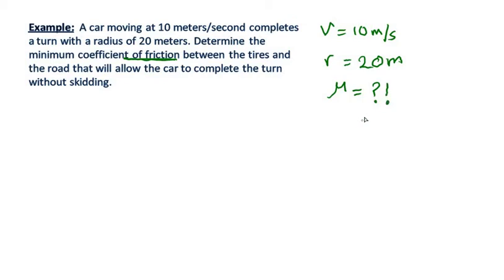We studied that in the chapter of dynamics in the previous videos. Between the tires and the road that will allow the car to complete the turn without skidding. Now to find mu, we need to calculate the force of friction. To be able to apply this formula, we need firstly to construct the free body diagram of this car.